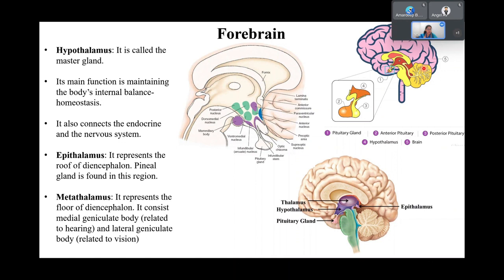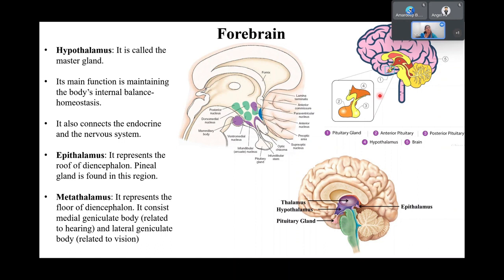This is important because you will read about many hormones being secreted from the pituitary gland, with the hypothalamus giving the cue to help in the secretion of these hormones. That's why it is such an important structure in the brain, and why it's also called the master gland. Because of this regulation of hormone secretion, it is responsible for maintaining the body's internal balance, homeostasis basically.